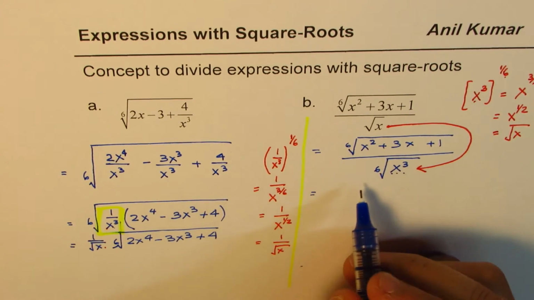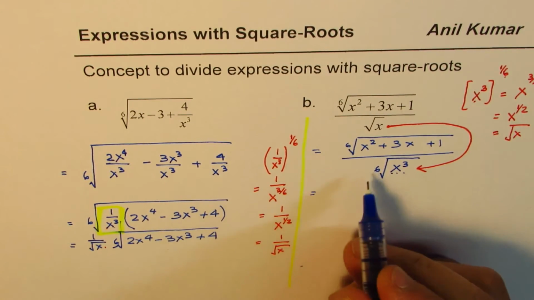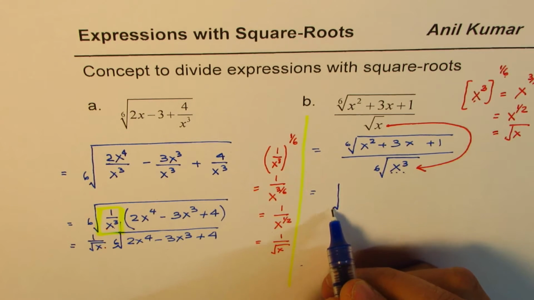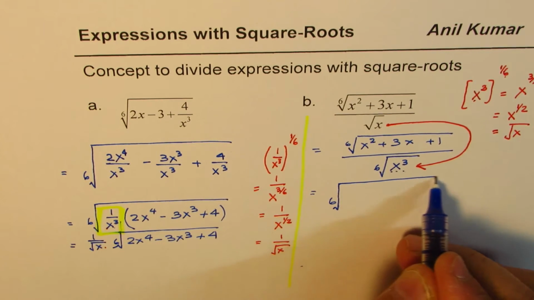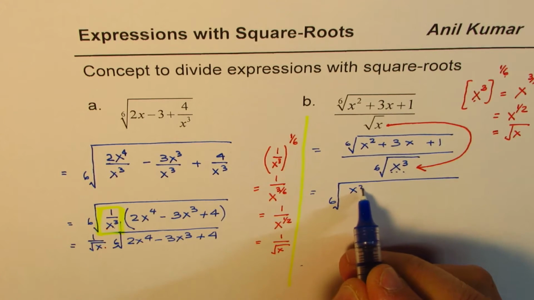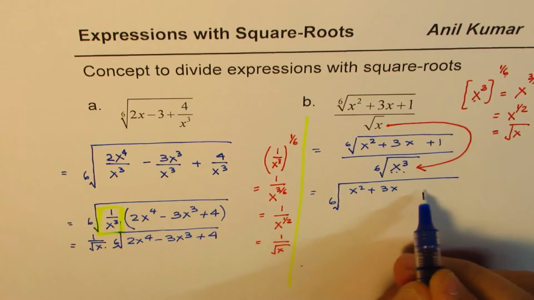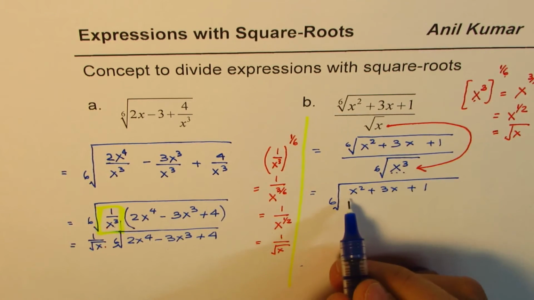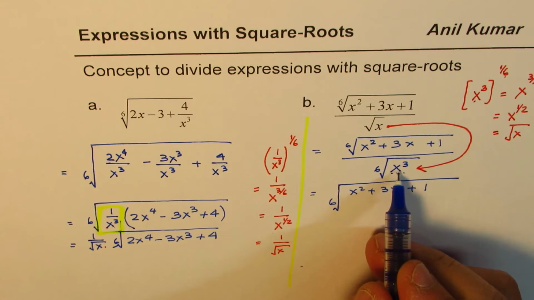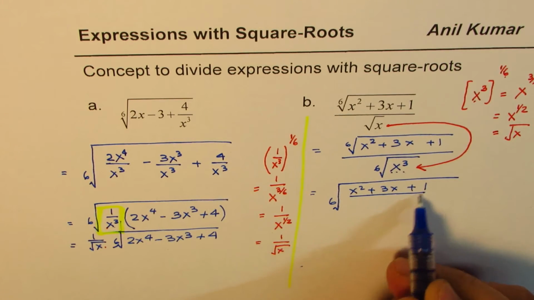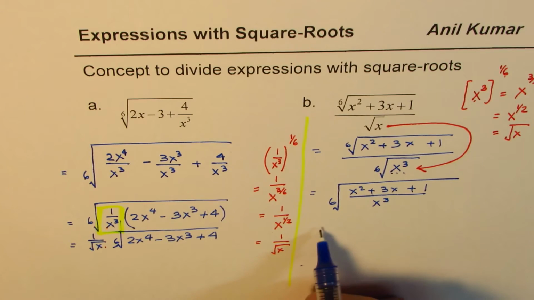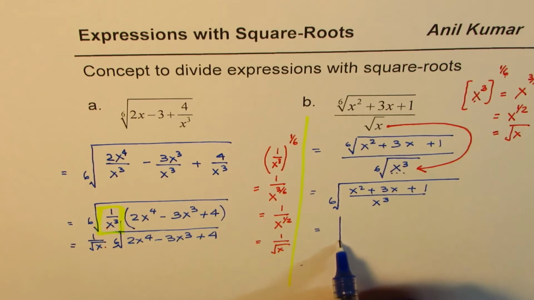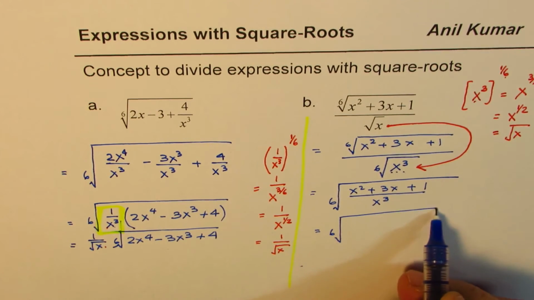So what we have here now, since both are sixth roots, we can write it together. Within the sixth root, we get x squared plus 3x plus 1, and we can divide each one of them by x cubed. That gives you sixth root of what?